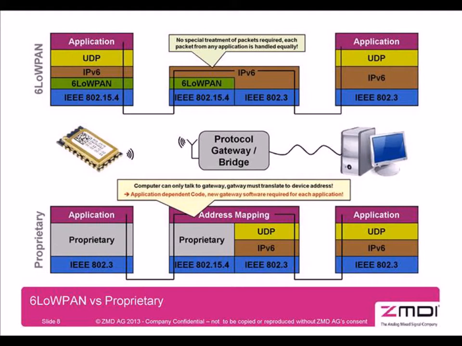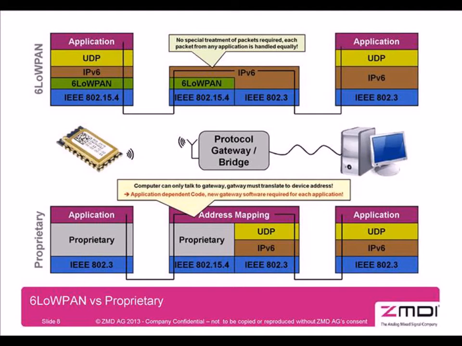A big problem in this scenario are the gateways. Inside the gateway you have to go back to your packet or your payload, and then you have to do some kind of address mapping, and then you can put this in a normal IP stack.